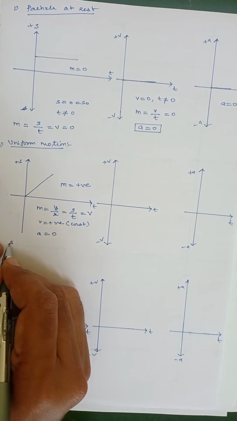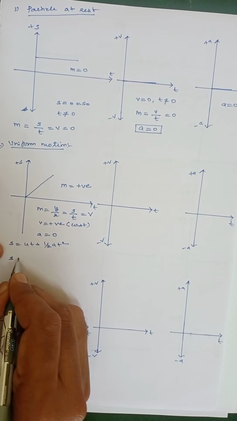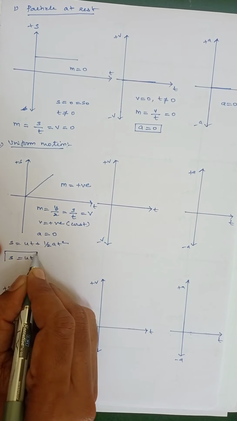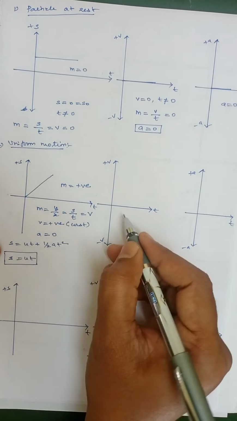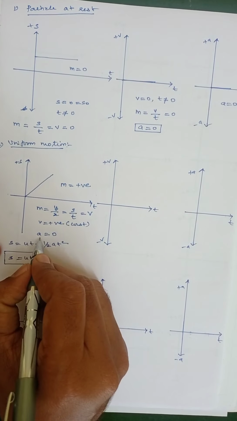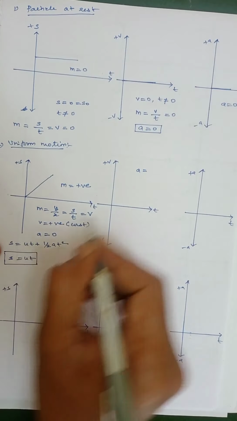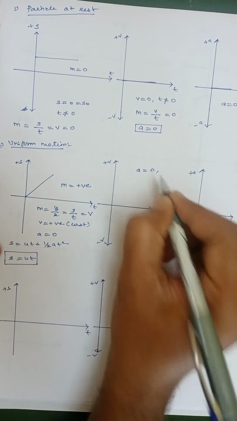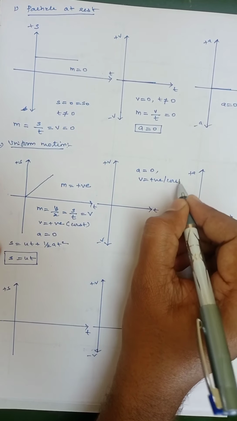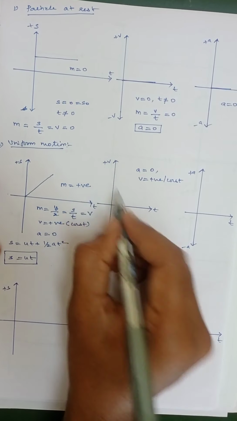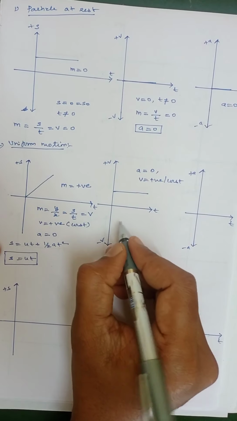Therefore the equation s equals ut plus half at squared becomes s equals ut. Then we substitute this here, where a is equal to 0, so v is positive and constant.